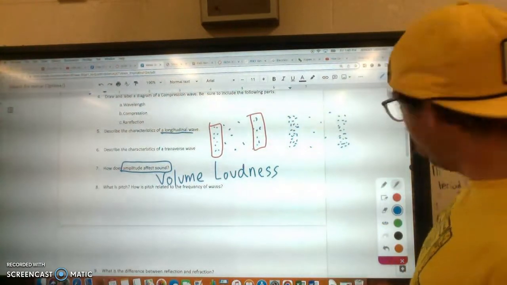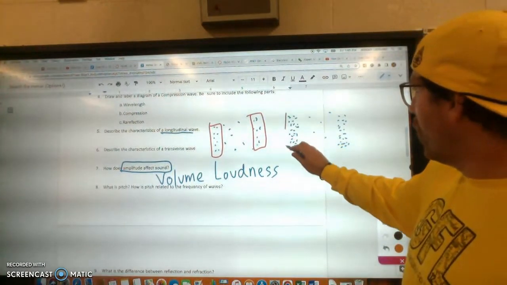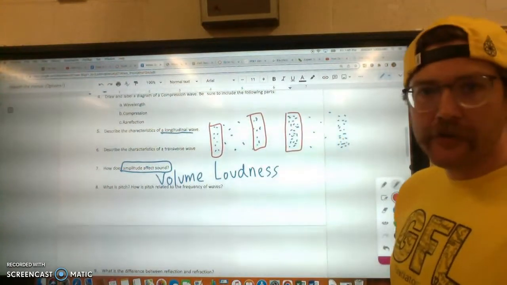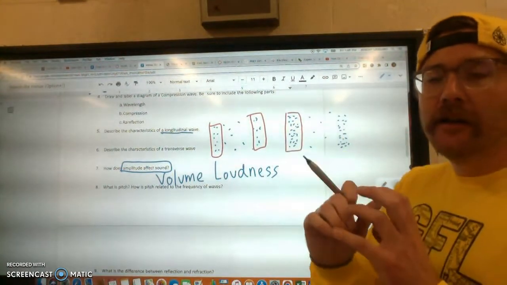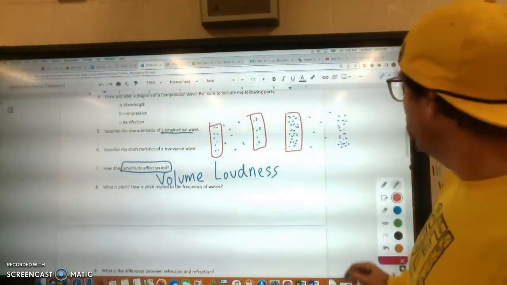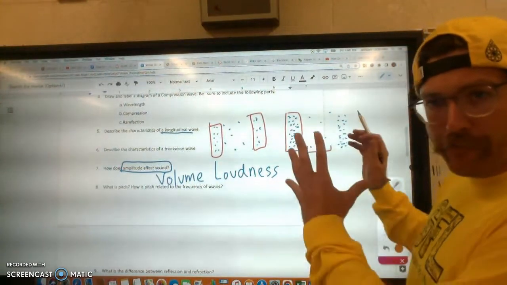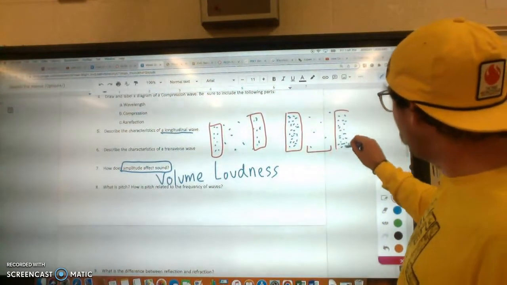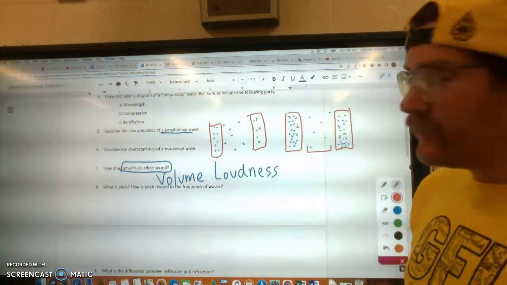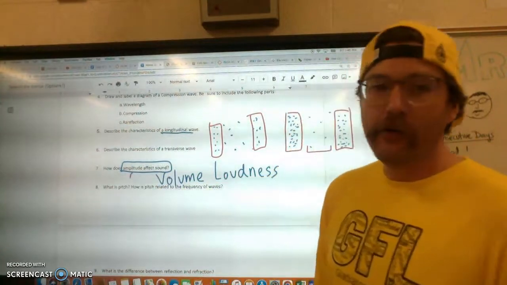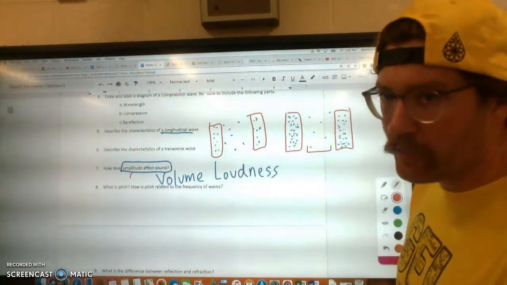Okay, so what we see here is that there's a greater number of particles in the compression area, and there's a lot fewer particles in the rarefaction area. And then again, we have a big amount of compression. This is about the amplitude, which affects the volume or the loudness.